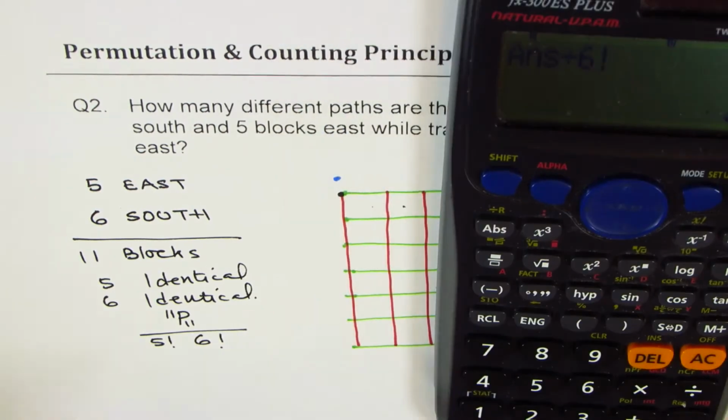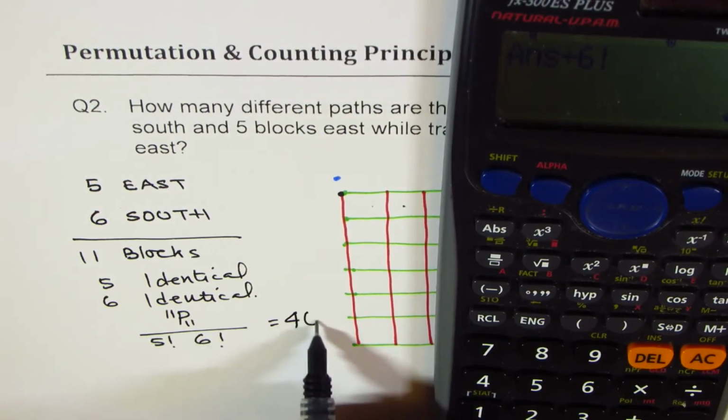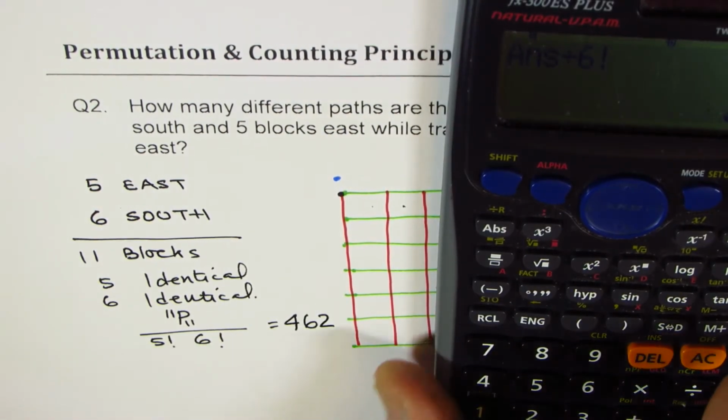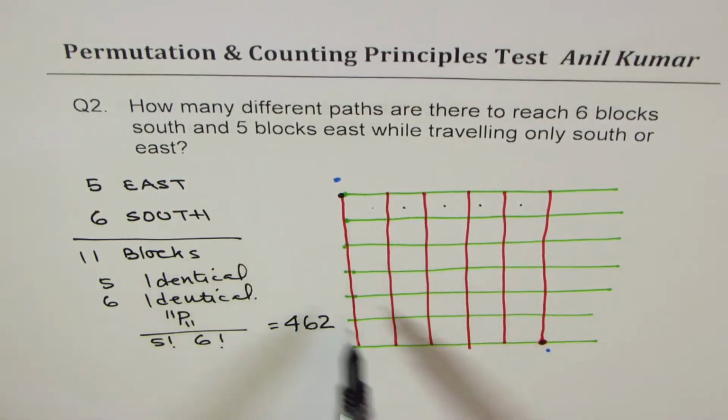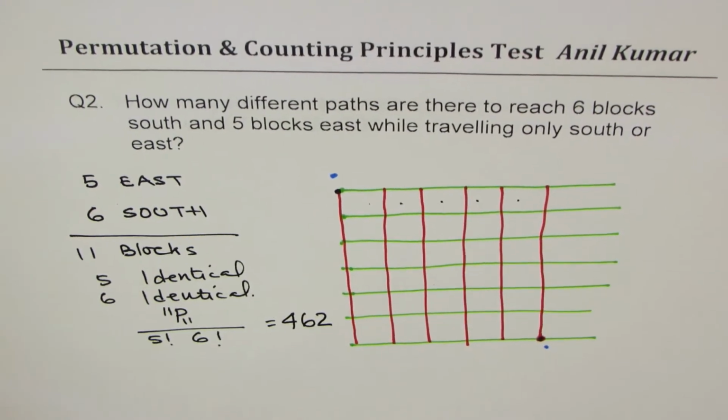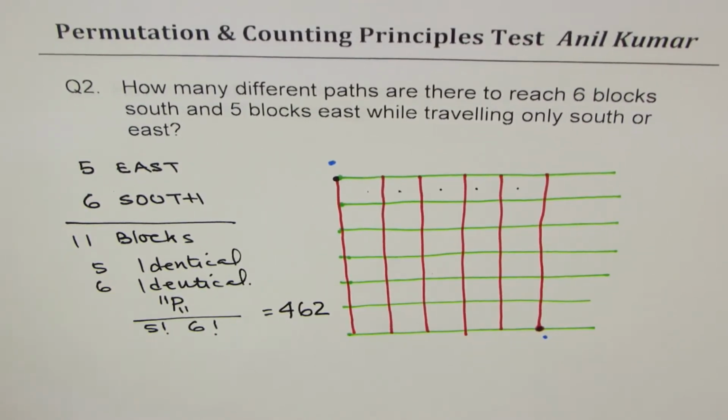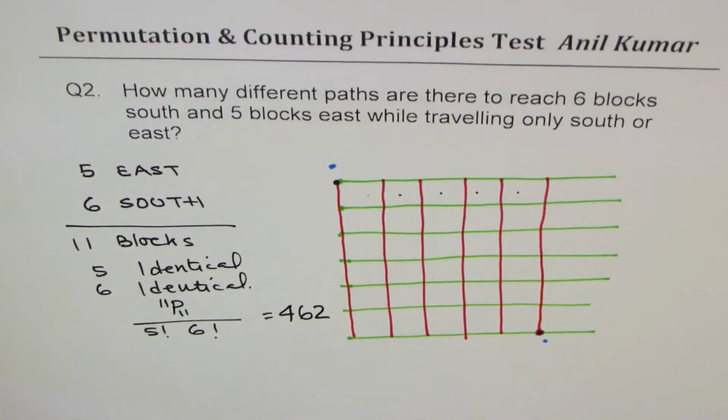So we get 462 paths, right? So that is how it could be done. You will learn in Pascal's triangle and combination also how to solve such a question. But here is a very neat approach to solve such a question. I hope that helps. So go through this solution, try to understand the concept, and then we'll move forward.